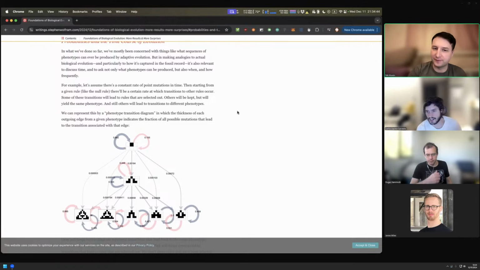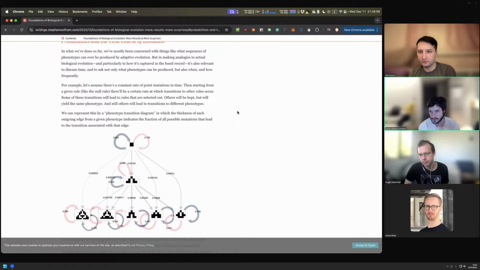I'm just mentioning this because we were in several conversations in the last few months trying to come up with what it means to do derivatives in rule space, so to speak, right? Which is a bit like doing time derivatives.